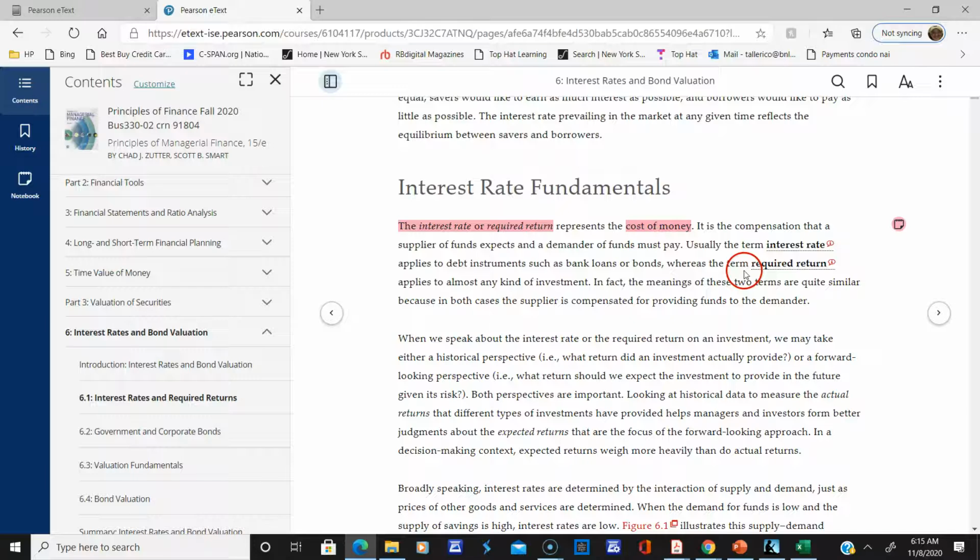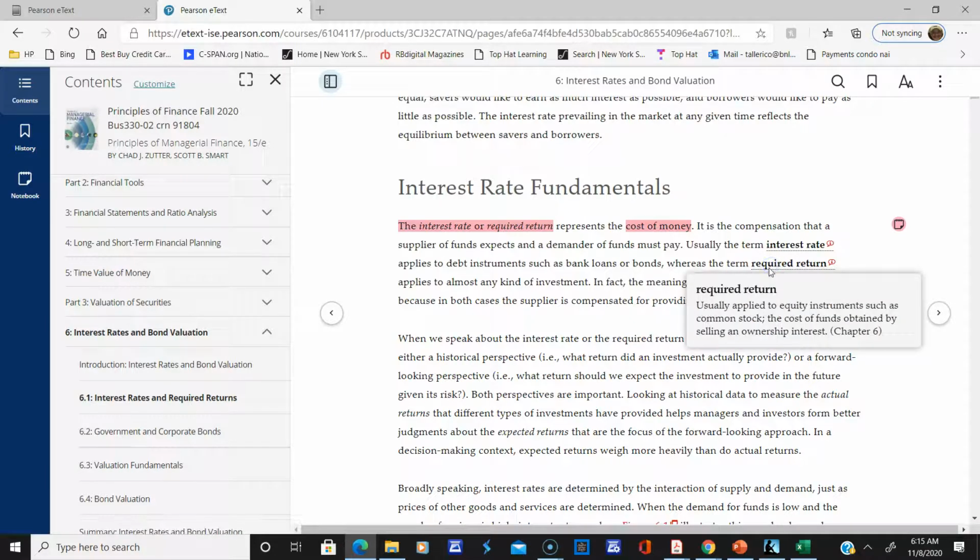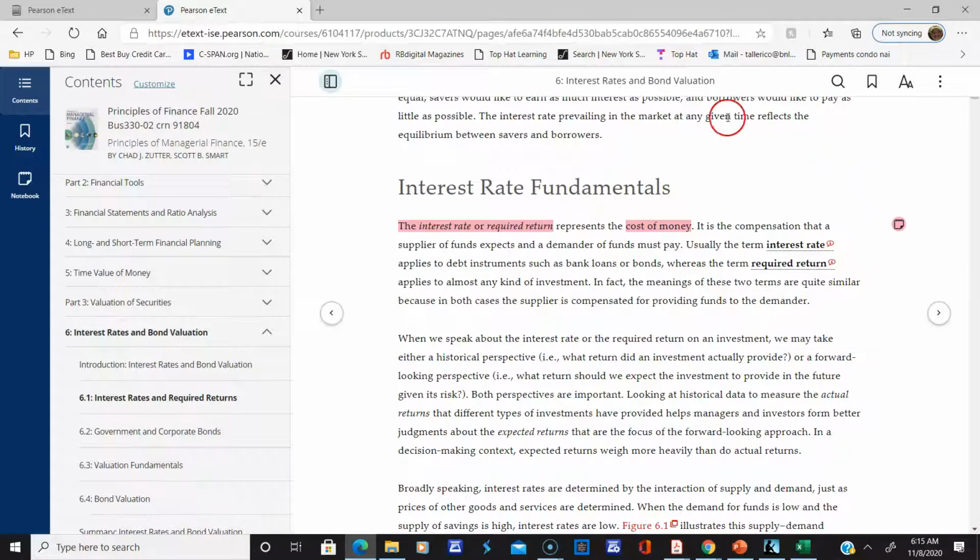And over here, required return. They have slightly different meanings, but they're used interchangeably, okay? It usually applies to equity instruments such as common stock, so the cost of funds obtained by selling an ownership interest. Even though they're used interchangeably, there is a specific meaning to each.